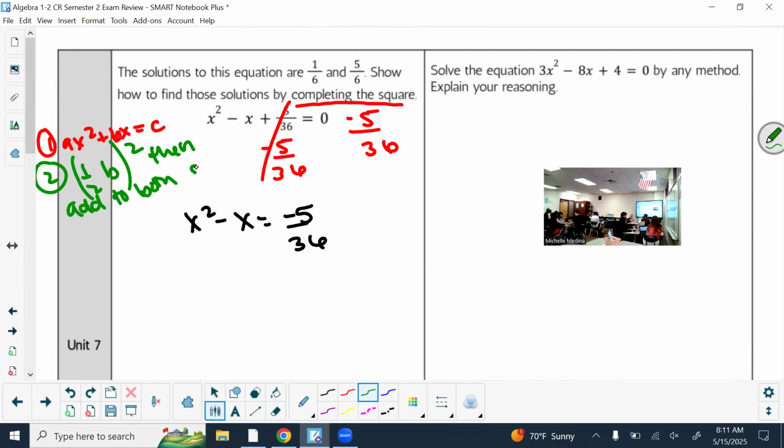So what's my b value on this one? What is half of negative 1? Negative 1/2. And then we're going to square it. What's negative 1/2 times negative 1/2? Point what? Oh, 1/4.